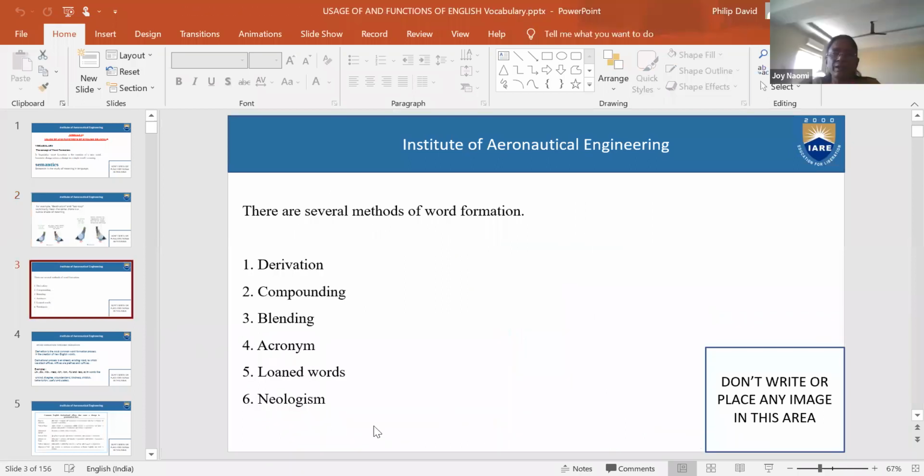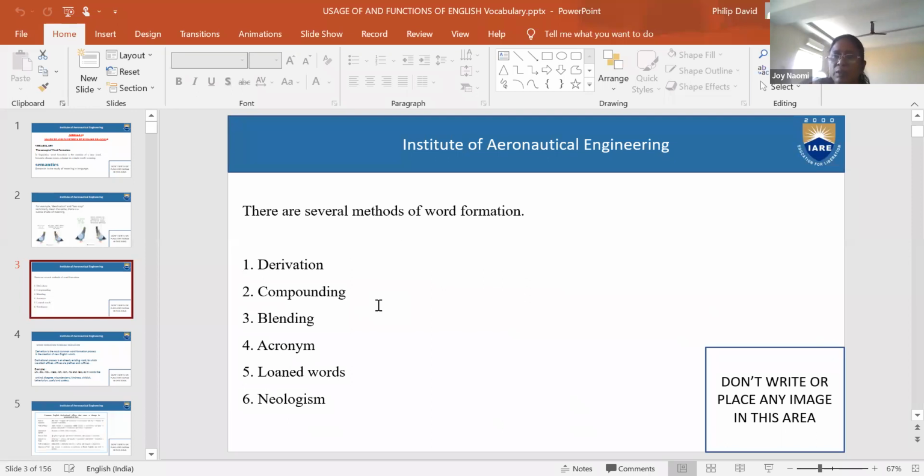So we have seen there are ways of forming new words, and let us see what are the different ways we can form new words. One of you, can you please read the different ways by which words are formed?